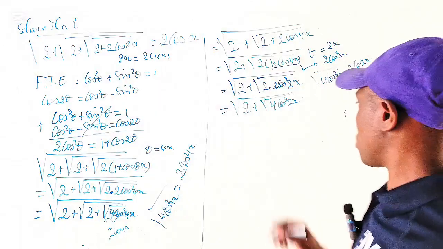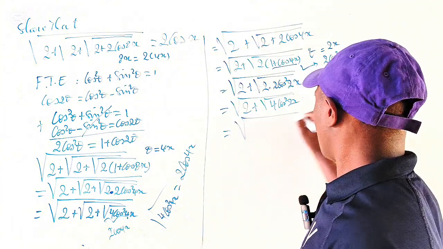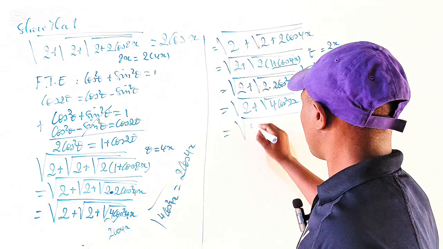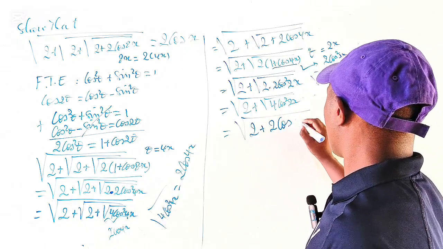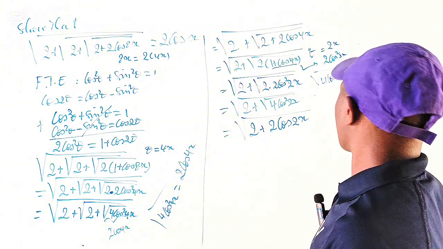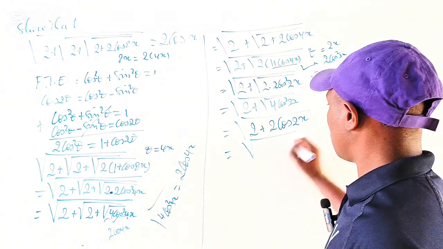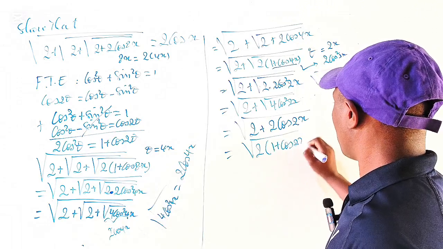This is the same as the square root of 2 plus 2 times cosine of 2x. Factorizing it again by 2, we have 1 plus cosine 2x.